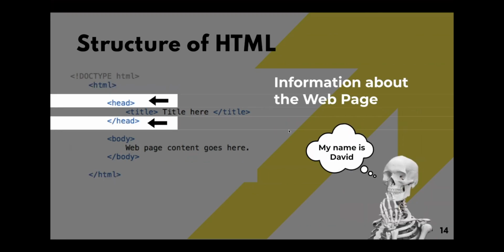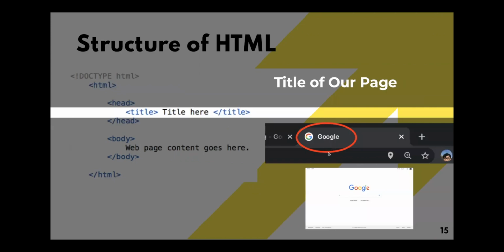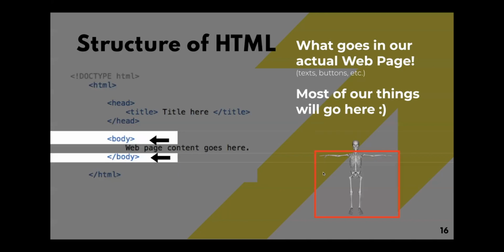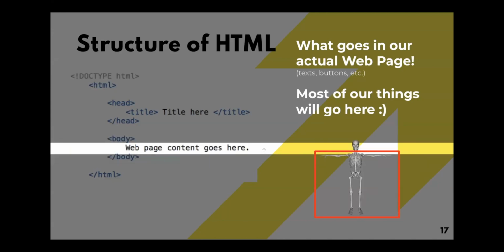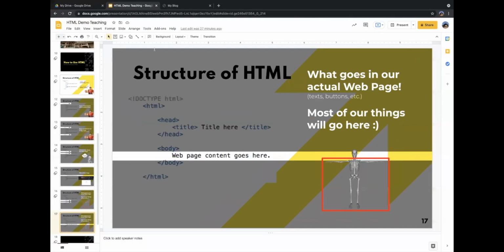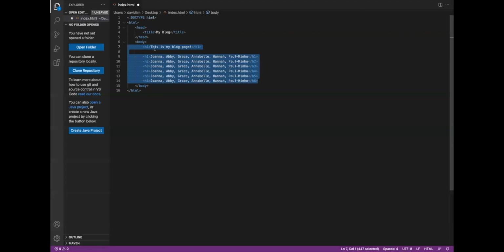We can see it on the tab of Google Chrome. Next is the body, where most of the website things are going to go. So web page content goes here, and text. It's okay if these don't really make sense for now.